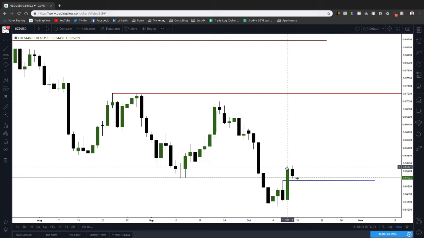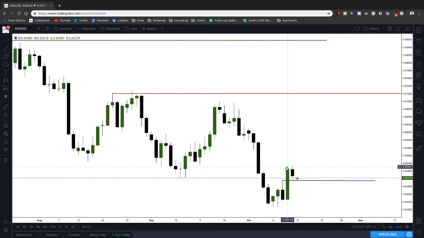So after I've looked at the cross pair, AUD NZD, I can take a look at AUD USD and NZD USD, and more than likely, I would like to be a buyer of NZD USD if dollar index shows weakness. If dollar index shows strength, I would want to be a seller of AUD USD, right?